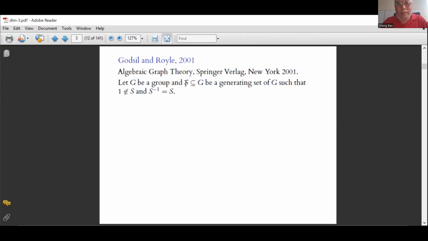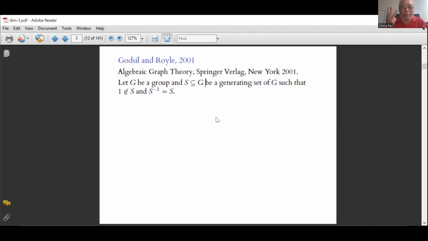And let S be a generating set, which exists because every group has a generating set, even if it is infinite, because if you take all the elements of the group, then it generates the group. Of course, you can select smaller ones, and then you might find sometimes a denumerably infinite, sometimes a finite generating set, and so on. And the generating set is required to satisfy the following conditions.